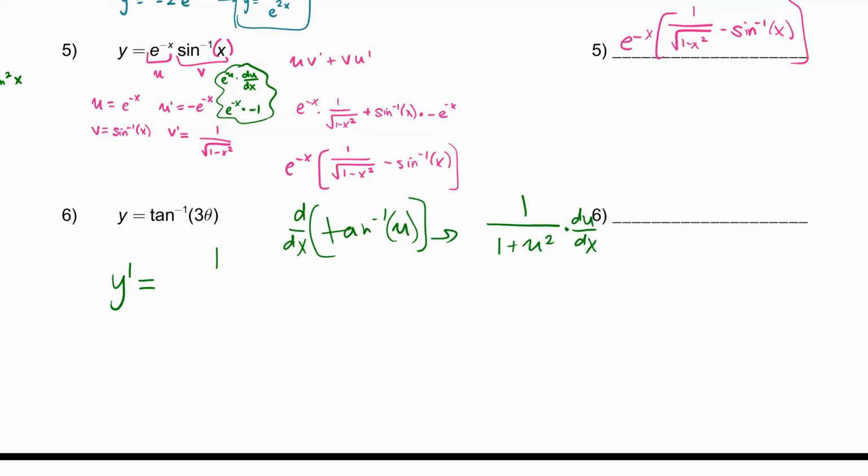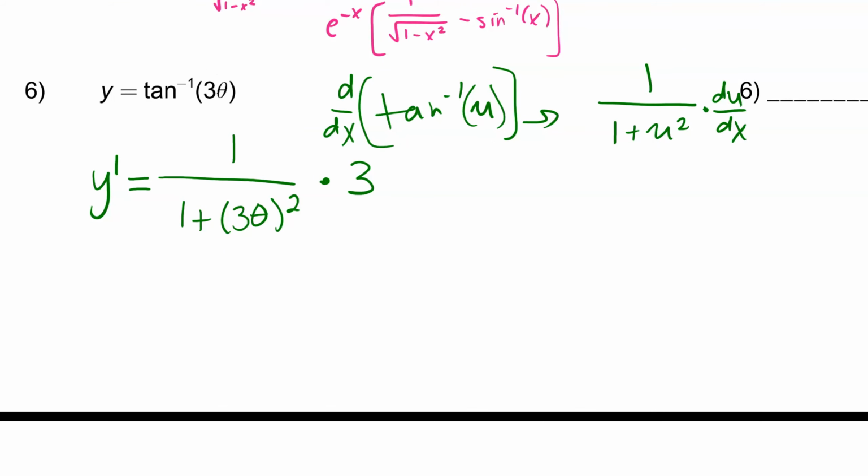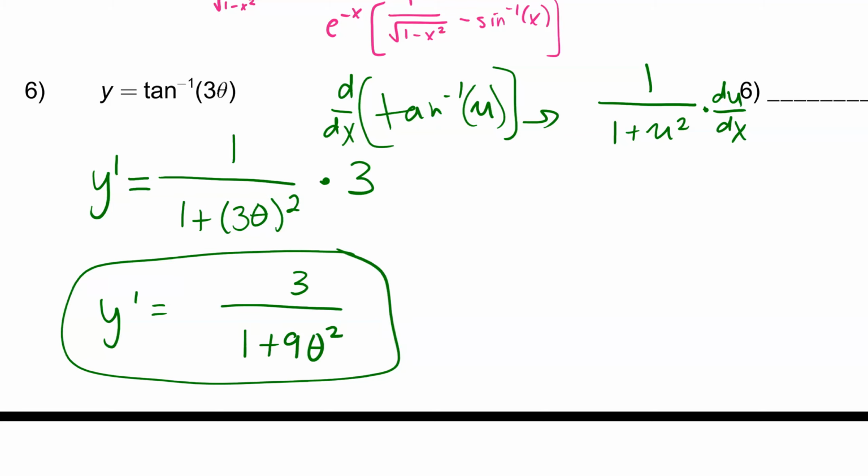So I have 1 over 1 plus 3 theta squared, multiplied by the derivative. What's the derivative of 3 theta? 3, because you're treating theta as if it's a variable. So to simplify, this is equal to 3 over 1 plus 9 theta squared. 3 squared is 9, theta squared is theta squared, because it's 3 theta squared. It's not too bad a deal, as long as I remember that.